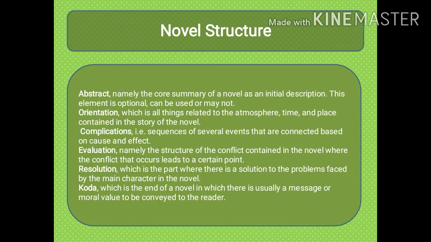Evaluations, namely the structure of the conflict contained in the novel, where the conflict that occurs leads to a certain point. Resolutions, which is the part where there is a solution to the problem faced by the main characters in the novel. Coda, which is the end of the novel in which there is usually a message or moral value conveyed to the reader.